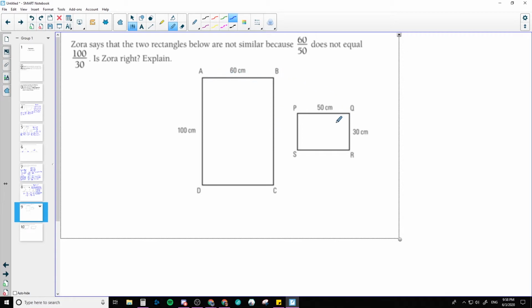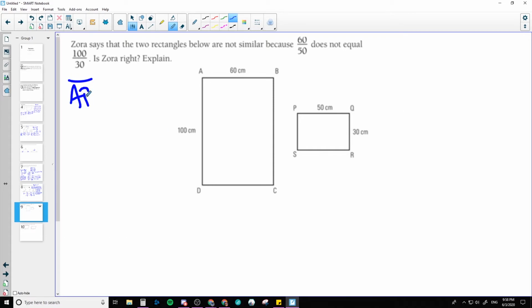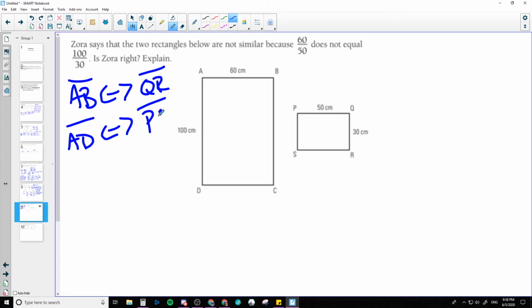Remember that they can rotate these shapes, and you need to decide which are the corresponding sides. Side AB does not correspond to side PQ. Side AB corresponds to side QR. So now let's check, and then side AD corresponds not with side QR, but with side PQ.